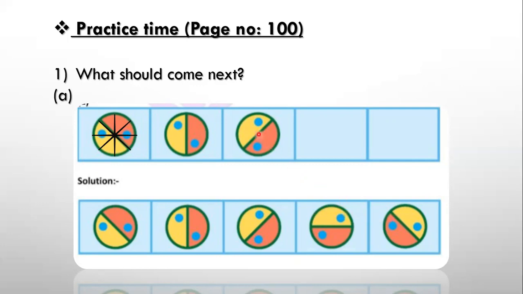See from here you can understand. Next 45 degrees means this way the line will come. So the orange color will completely come down, and in the next 45-degree turn, it will be just the opposite of the original position.